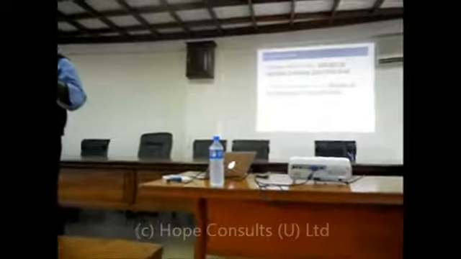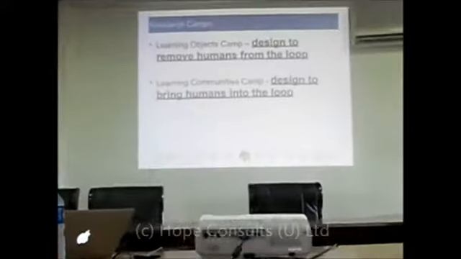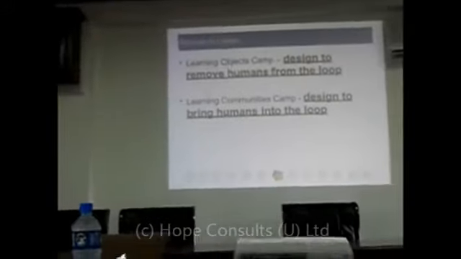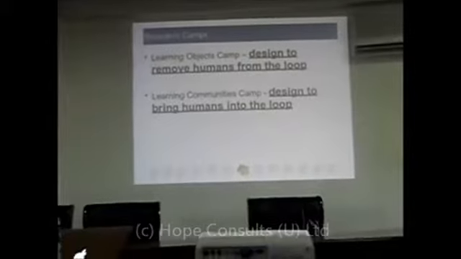There are two ways of responding to this. One way would be something like, well, there's the learning object camp, and then there's the learning communities camp. But I'll unpack some of these in a different way. One, we could say, let's design to remove humans from the loop.